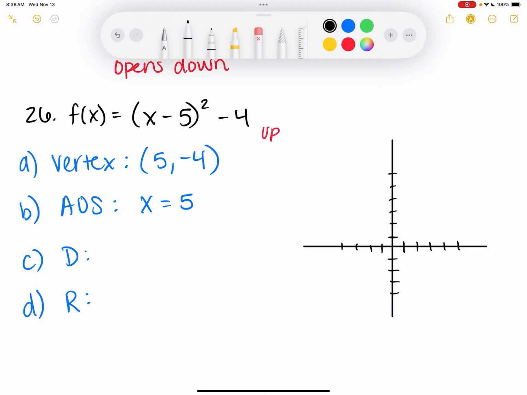All right, so axis of symmetry is at x equals 5, so I need to go over here a little bit. So 1, 2, 3, 4, 5. So I put a dotted line here, and it's symmetric about that, hence the axis of symmetry. I know the vertex is at 5, negative 4, so that's going to be down here.